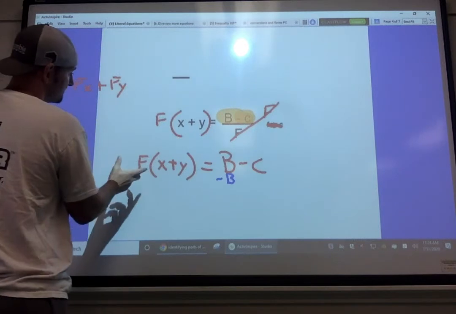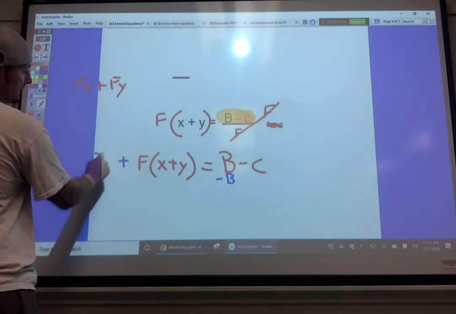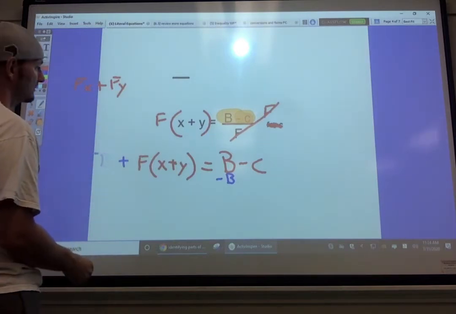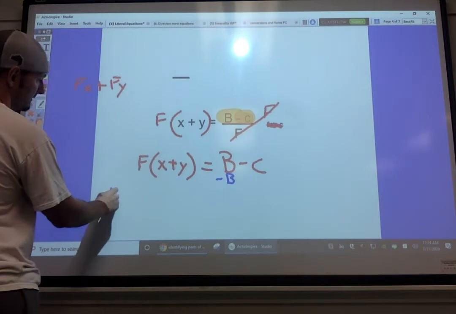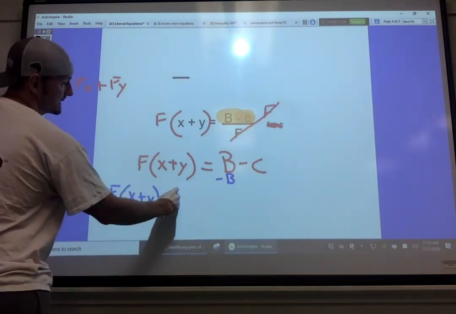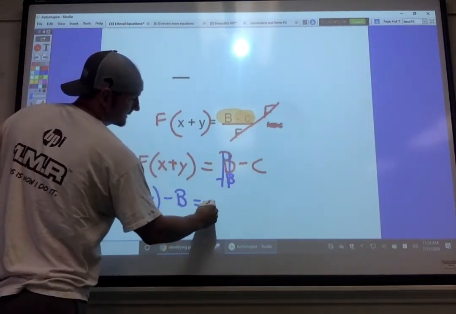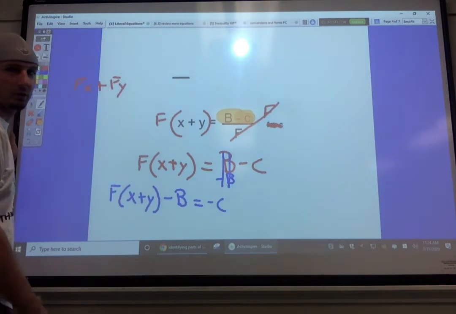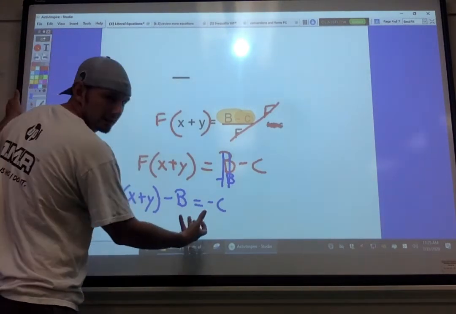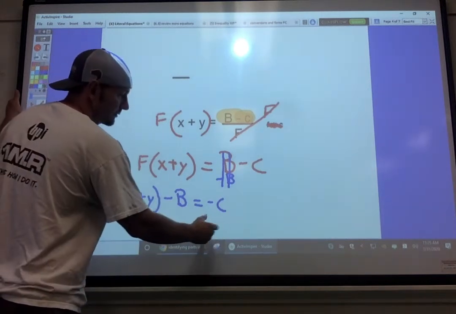There are a couple ways I could write it. I could go plus the negative b, kind of like minus b. But I'm going to write it how you would think. So I'm going to go f times x plus y minus b equals negative c. We don't want a negative c answer, we want what c is, so we're going to multiply by negative 1 or divide by negative 1, whichever your teachers have taught you, I don't care which.